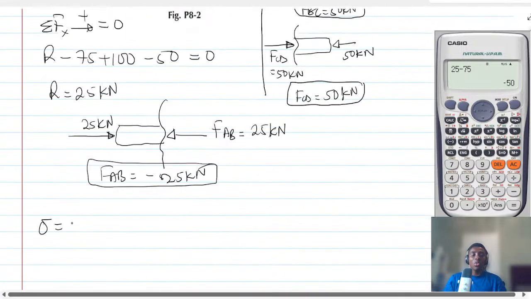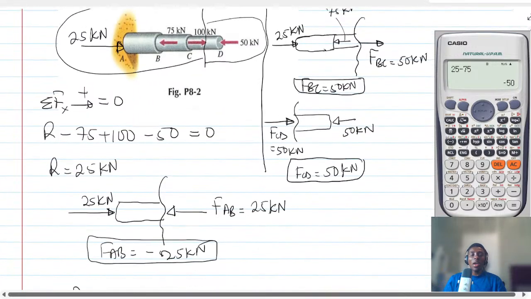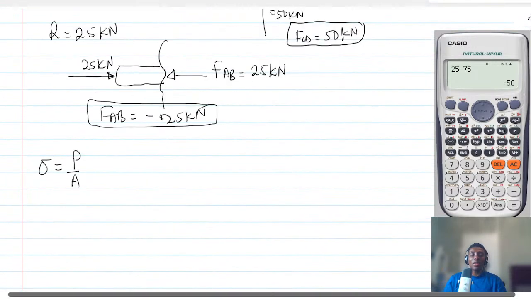That's all. Now, if you have been asked to find the stress, all you will do is to find the force over the area. If you know each of the areas, you can find the force in there and the areas over there.